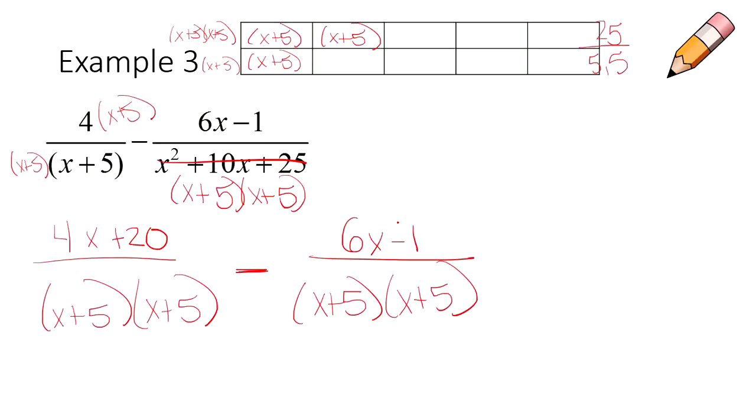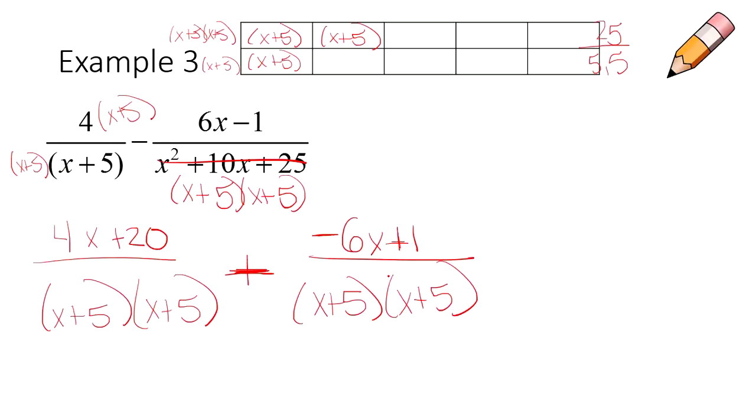Now, subtraction is its own little beast. Gotta be careful. Because remember, guys, this negative is subtracting everything. So here's what I like to do. I like to change this to a plus. But then if I do that, I change everybody behind. Okay? Careful with that. Please be careful.